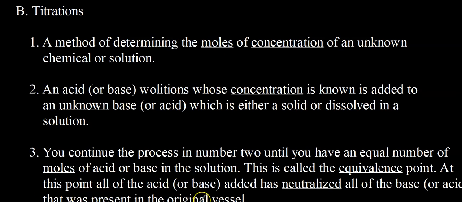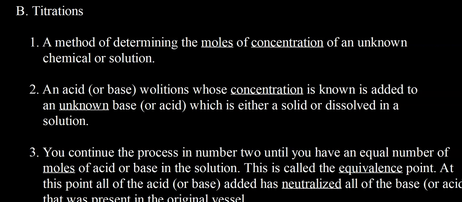One of the most common laboratory practices in chemistry is something called a titration. So we're going to do a titration to determine one of two things. It says here a method of determining either the moles of some unknown chemical or the concentration of some unknown solution, that solution being an acid or a base.